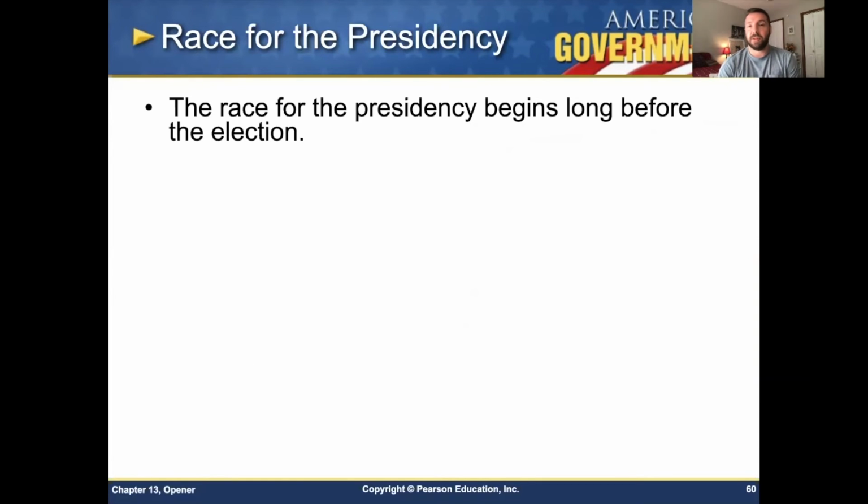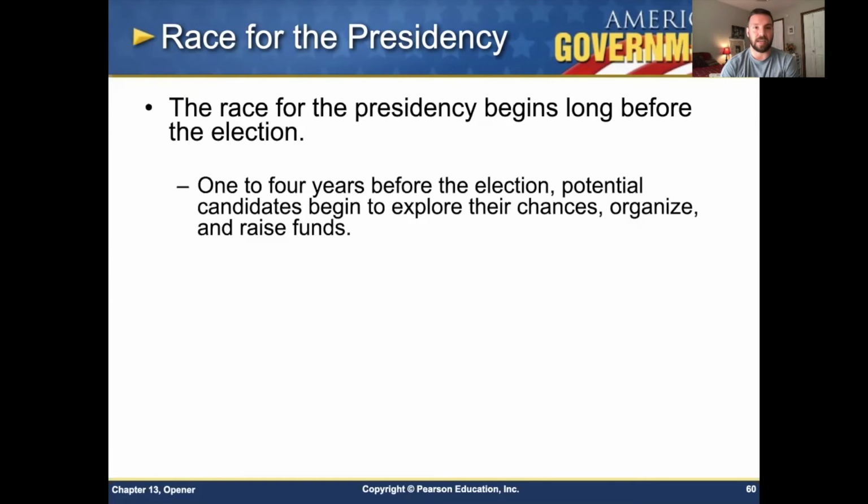So obviously, when you think about the race for the presidency, it begins long before the actual election. I'm channeling my Coach Matthews here. So when you think about, like I already mentioned before, this race for 2020 started in like January of 2017. It's been going on for a long time.